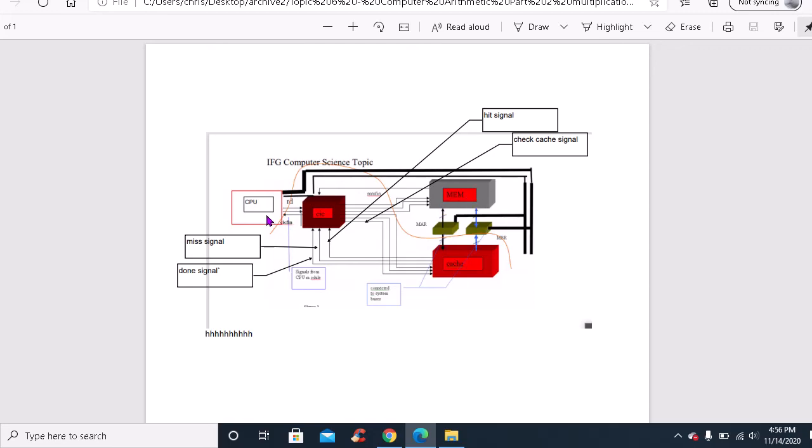Likewise, if the CPU wants to do a read, it's going to do exactly the same thing. It puts an address into this register, by putting it onto the address bus. It's not going to put anything in the data register because we're doing a read.